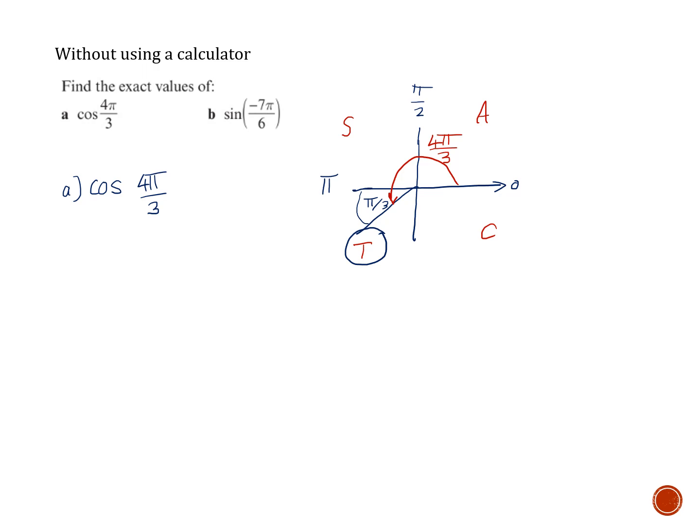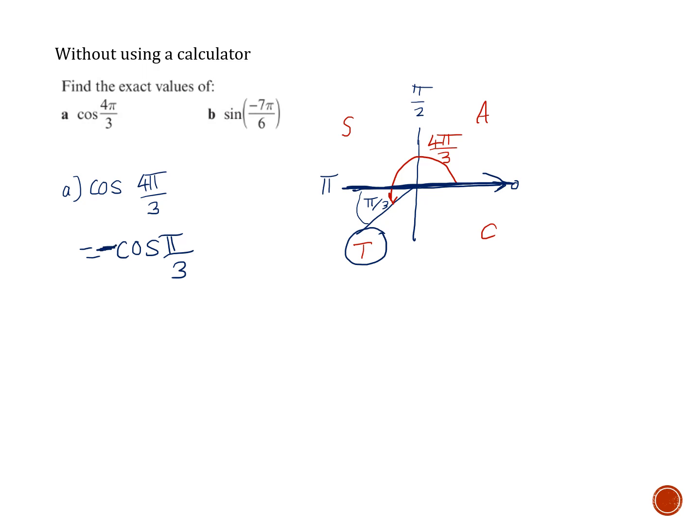The equivalent angle that you read, remember, is always the one relative to this big, long horizontal line here. So cos 4 pi by 3 is going to have the same value as cos of pi by 3, but because it's in that quadrant, it's going to have a minus sign in front of it.